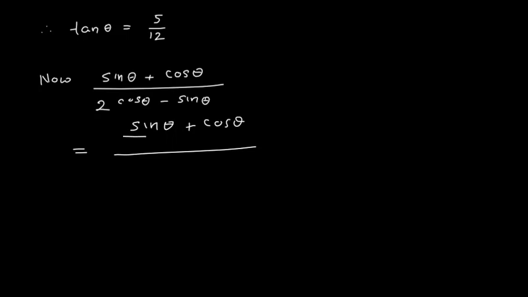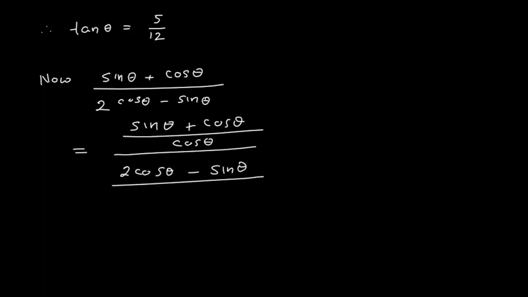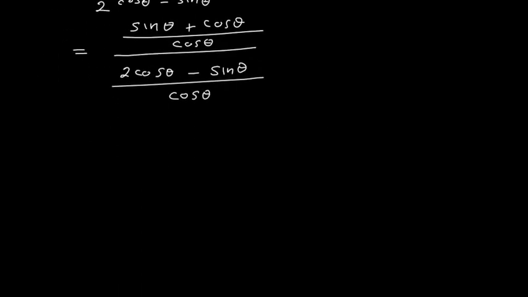I will divide this whole numerator by cos theta, and similarly I will divide the denominator, 2 cos theta minus sin theta, also by cos theta. So sin theta upon cos theta will become tan theta. This will be tan theta plus cos upon cos is 1. So tan theta plus 1 upon 2 minus tan theta.